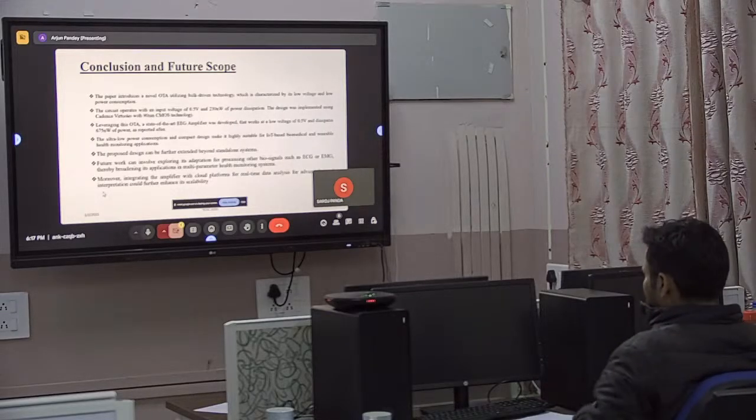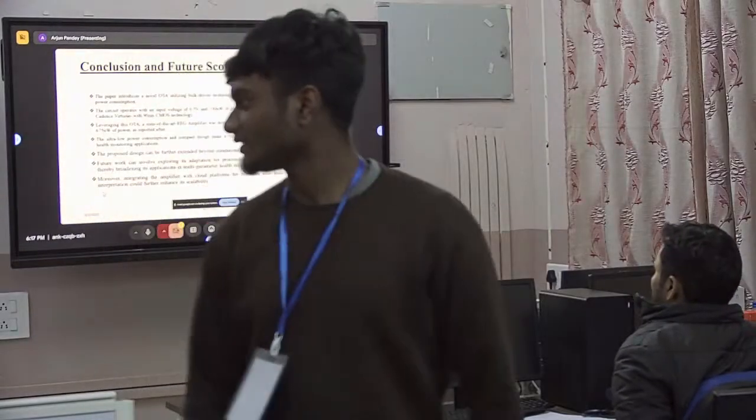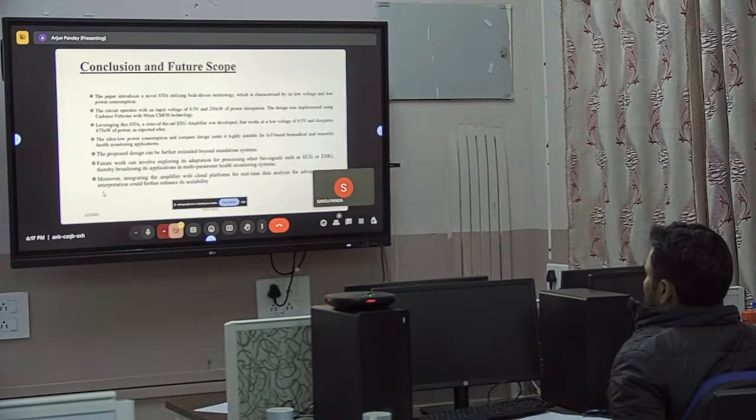If we talk about the future scope, it is not just the EEG signal that we are focusing on. We can even go for ECG, EMG, and other signals as well, and we can have a multi-parameter health monitoring system. As it is a very linear and very compact design, we can easily implement it in IoT, which gives us the capability to connect to the cloud, so that we can monitor a patient from anywhere in the world with a complete monitoring system with real-time data, which helps doctors, nurses, loved ones, and anyone see the data and the condition of the patient in real time.